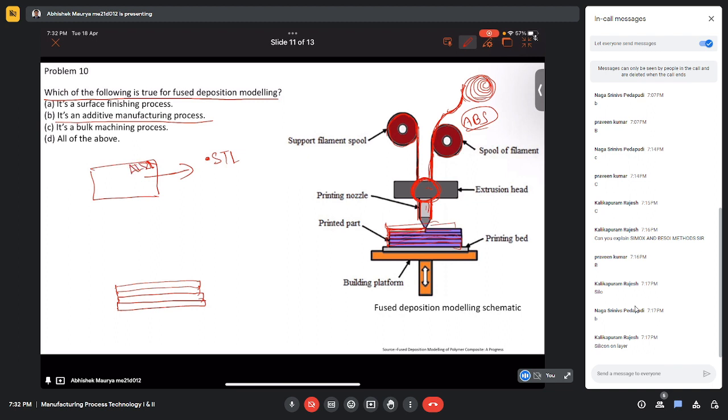Basically the .stl format contains information of the whole 3D model in the form of triangle surfaces. This is given to the machine, and the machine brings out the coordinates of the different triangles. So there are many triangles.